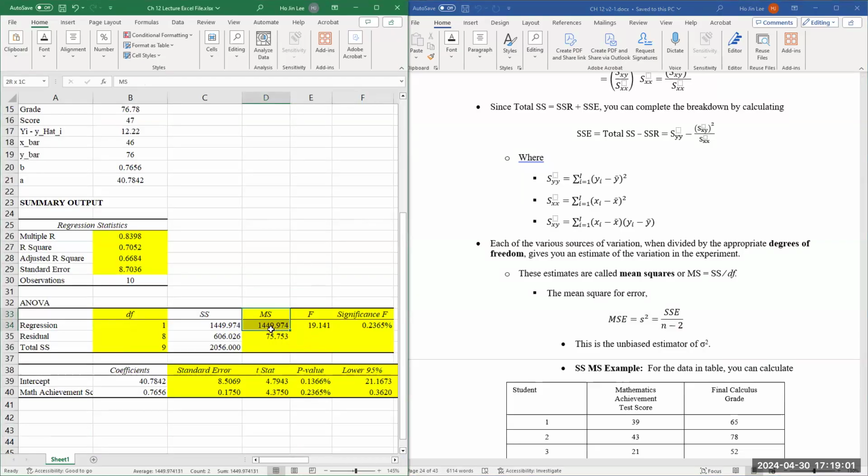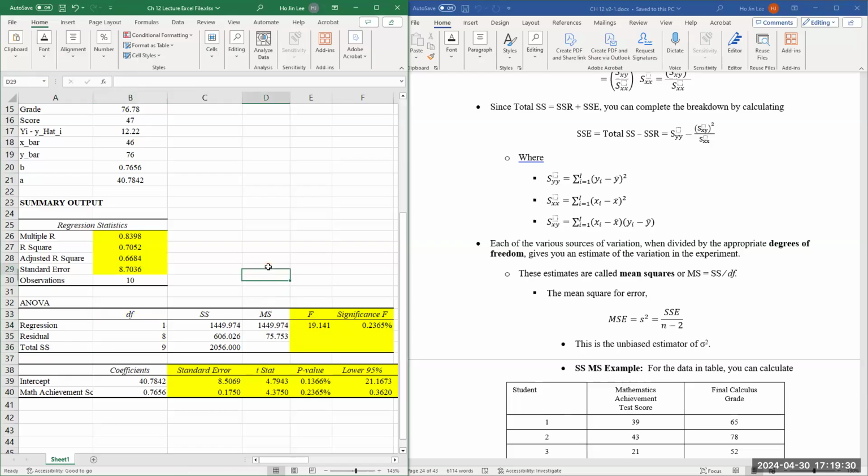That's actually right here. Mean square, MS, that's the mean squares. We have one for mean square regression and one for mean square residuals. All you have to do is divide the SS by the degrees of freedom, and that's how you get mean square.